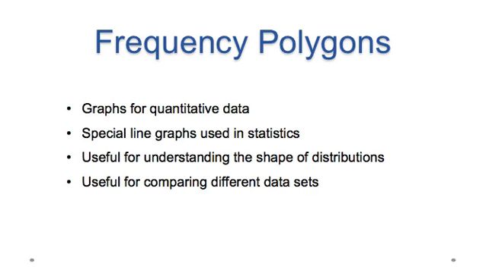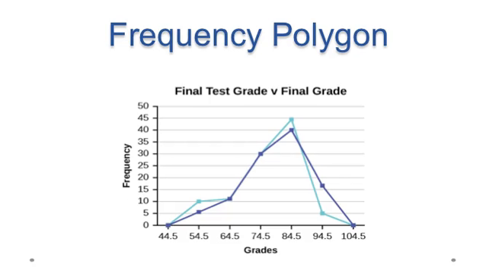These graphs are especially useful when you want to compare distributions like this one that looks at students' final test grades versus their final grade in the class. This graph is very informative and relatively easy to interpret. In this example, we can see that there is very little difference between final test grades and the final grades in the class.